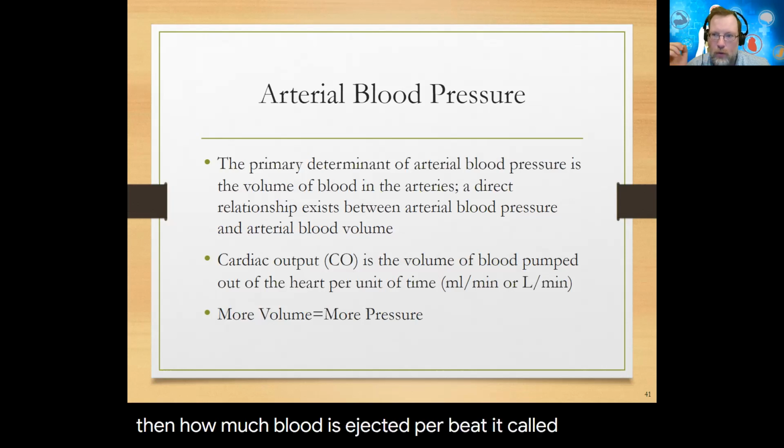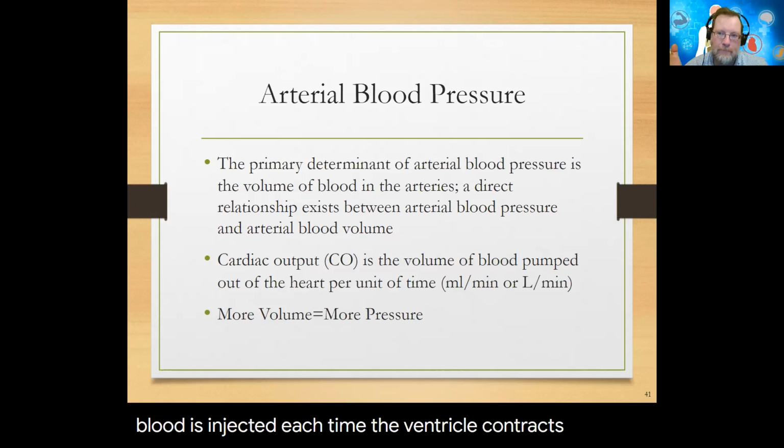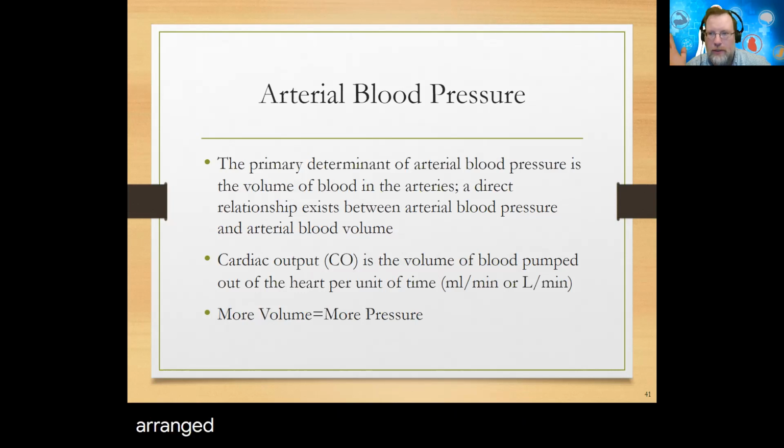They call that stroke volume. So stroke volume, again, is simply how much blood is ejected each time the ventricle contracts. It's a range to around 70 milliliters.